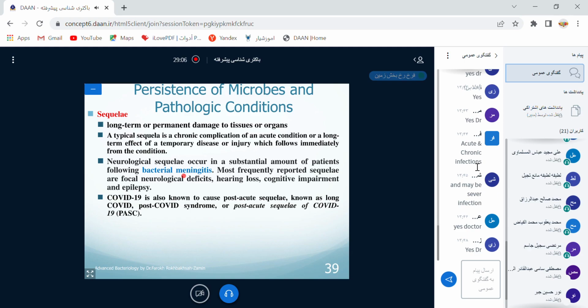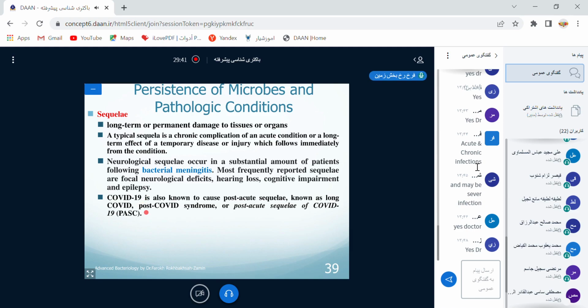The most frequently reported sequelae of bacterial meningitis are focal neurological defects, hearing loss, cognitive impairment, and epilepsy. All of them are different damage to the nervous system.